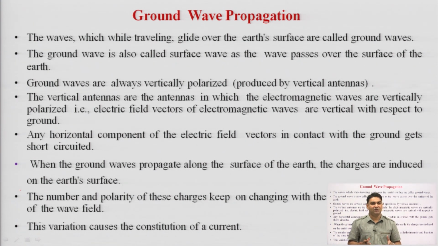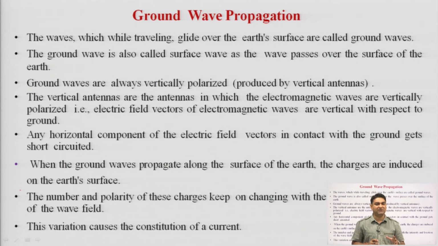The antennas in the form of tower radiators, which are always kept perpendicular to the earth's surface, produce vertically polarized waves in the atmosphere, and electromagnetic waves which are vertically polarized are generally in the effect of ground.